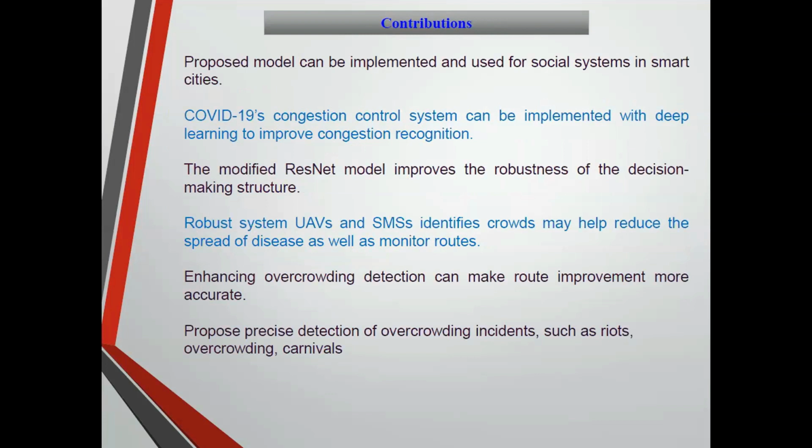The robustness of the decision making structure and SMS identifying the crowds may help to reduce the monitored routes. Overcrowding can make route improvement more accurate.